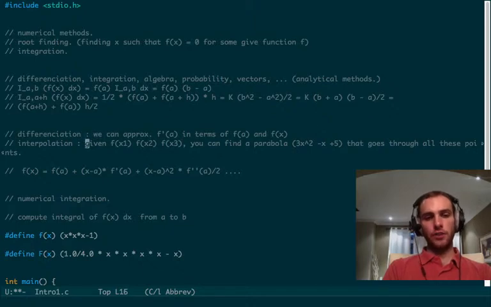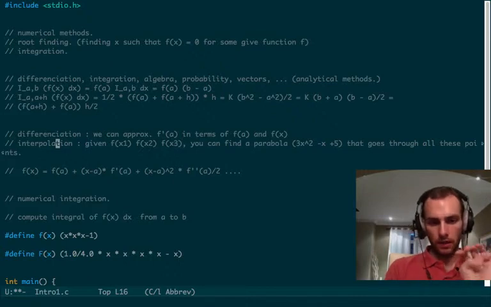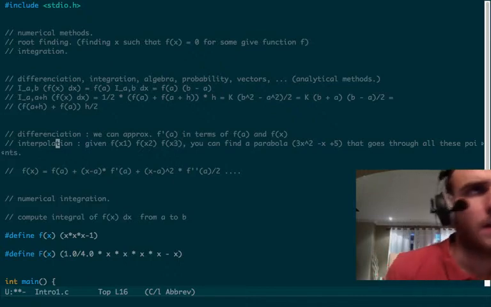So by differentiation, if you just look at the first, say, 3 terms in this Taylor expansion, you're going to get a polynomial of degree 2. By interpolation, you can also get a polynomial of degree 2 by only looking at 3 points for the function.